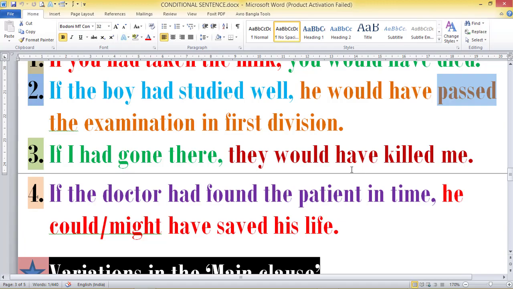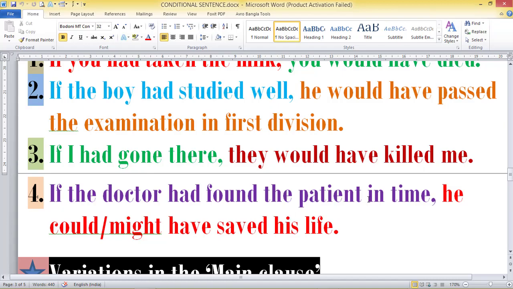So in the if clause, we have to use past perfect tense, and in the main clause, we have to use after the subject should, would, could, or might, then perfect infinitive, that is have plus the third form of the verb. Here the action is past, the action did not happen, the time is also past.